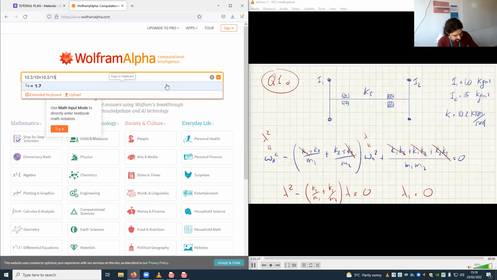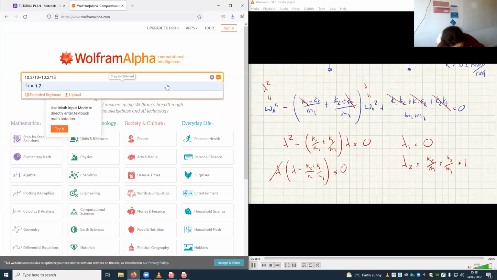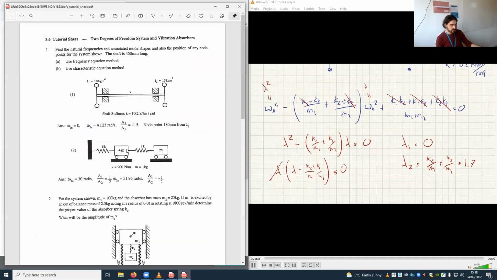That's 1.7. But 1.7 is not what I want, because lambda is omega squared. I want omega, so I have to take the square root of that. And the square root of that is 41.23.